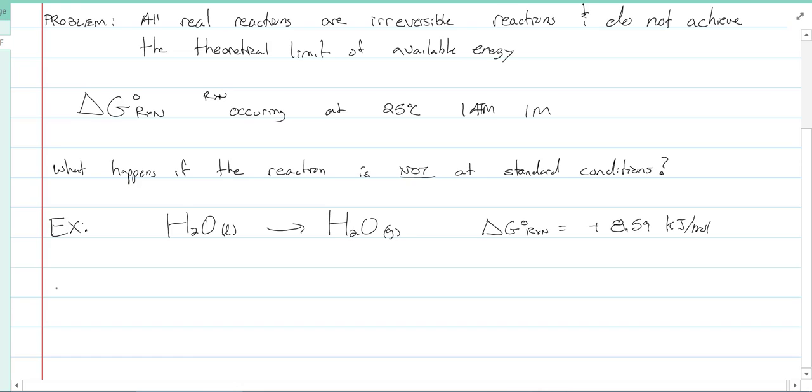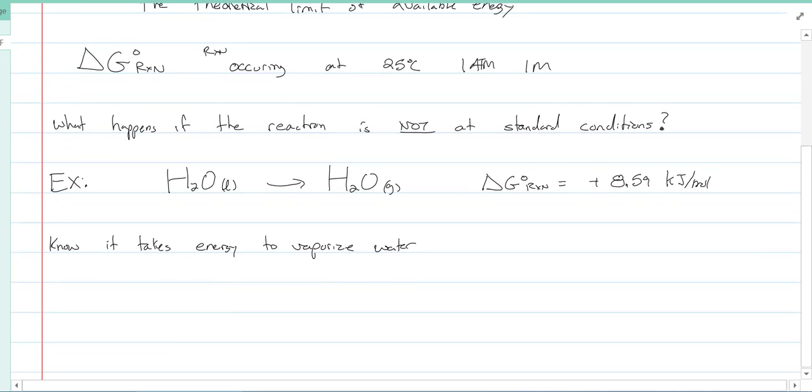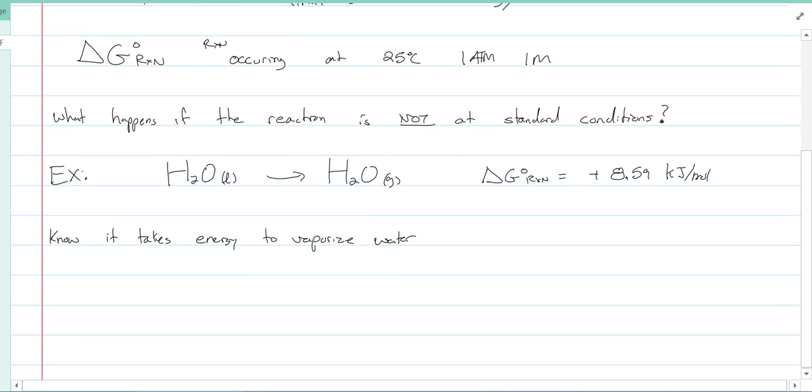So we know and see that it takes energy to vaporize water. So we have to put energy into this system. So if you spill water, right, we know heating water helps make it evaporate.